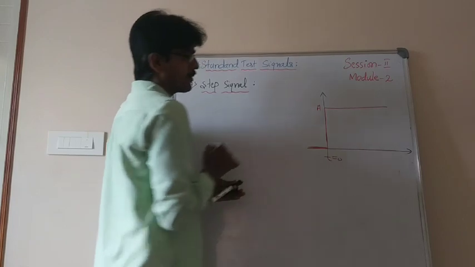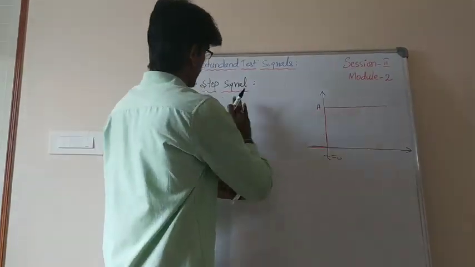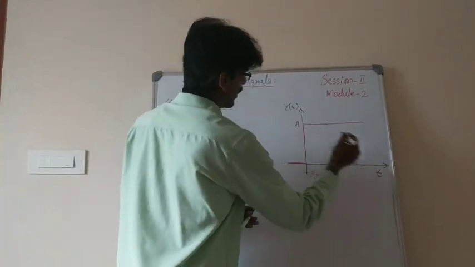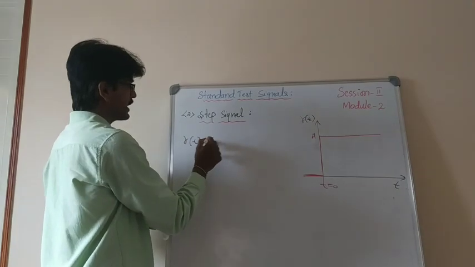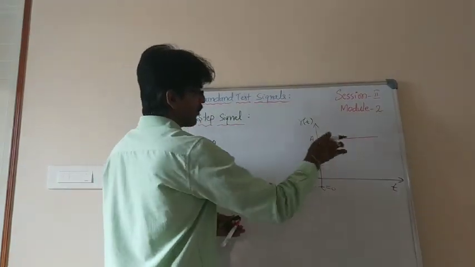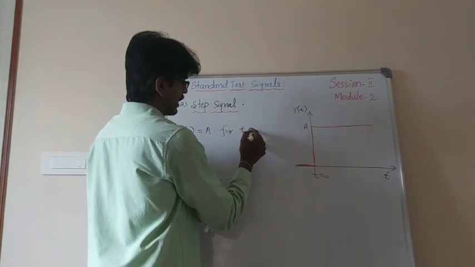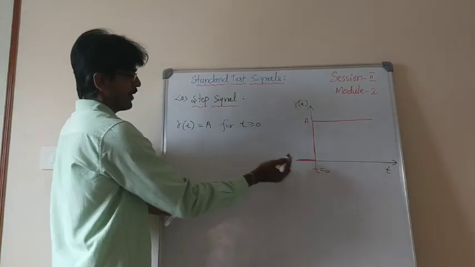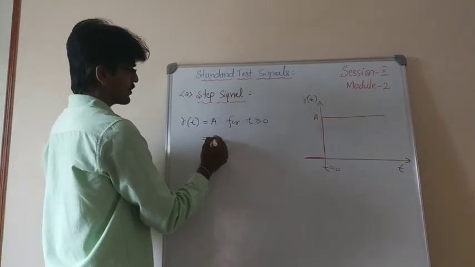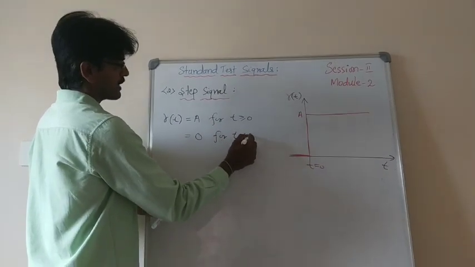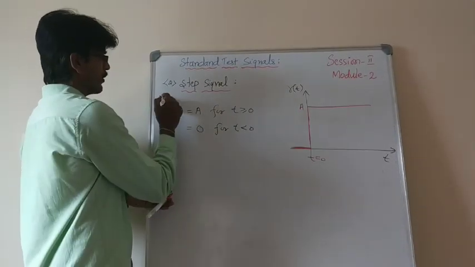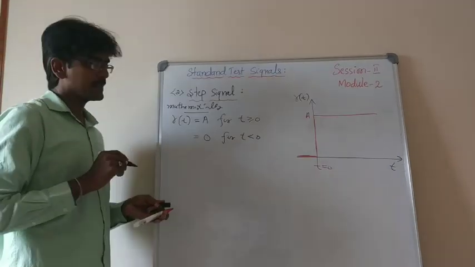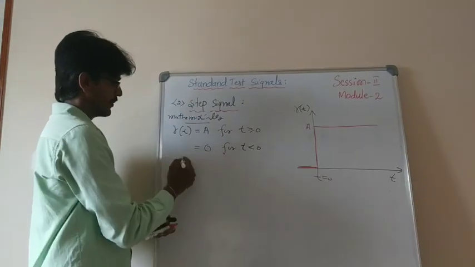Let the amplitude be A. Mathematically, if I take this as r of t, then r of t is equal to A for t equal to or greater than 0, and r of t is equal to 0 for t less than 0. This is how it can be represented mathematically. Now, we always consider unit step input.